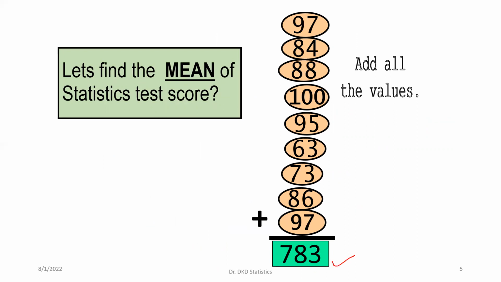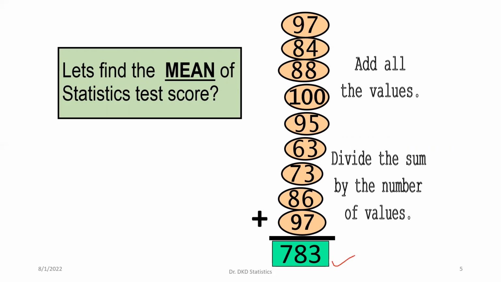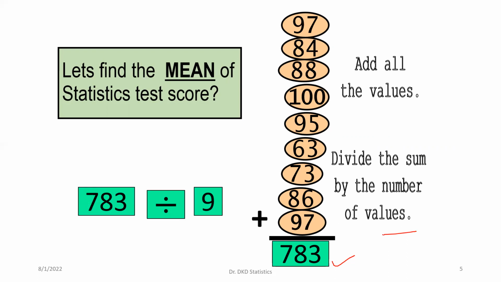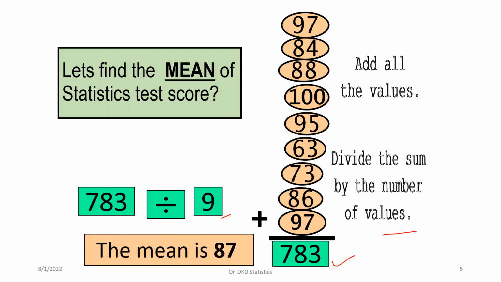This is the total, and then we divide the sum by the number of values. The number of values here is 9. So 783 divided by 9, the mean is 87. We can say the average marks in statistics is 87.